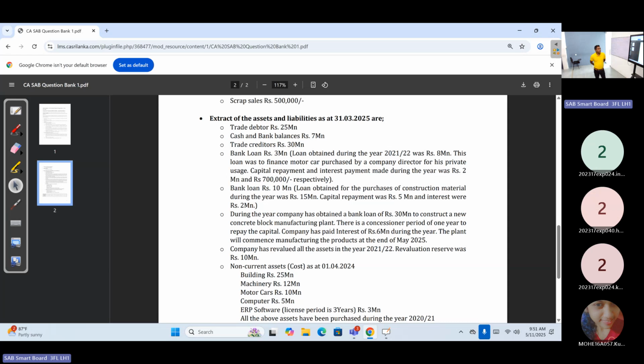Bank loan: 3 million loan obtained during the year 21-22 was rupees 8 million. This loan was to finance a motor car purchased by a company director for his private usage. Capital repayment and interest payment made during the year was 2 million: capital repayment 2 million, interest is 700,000. So that borrowed money has not been used for the production of income. So that is disallowed.